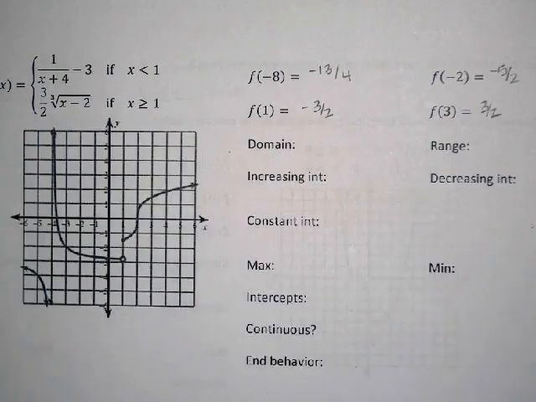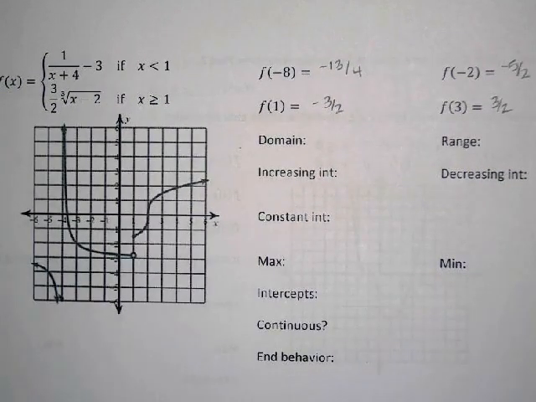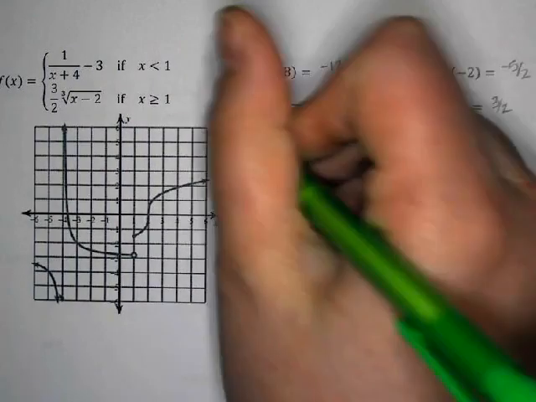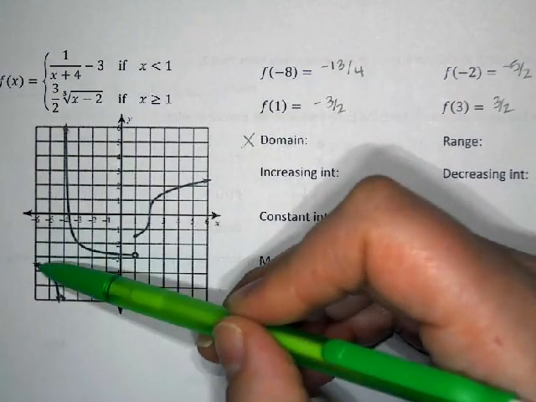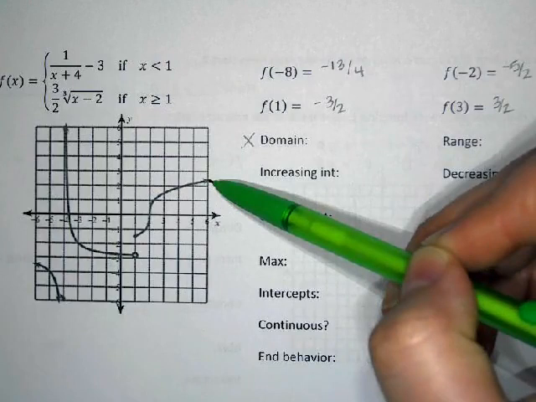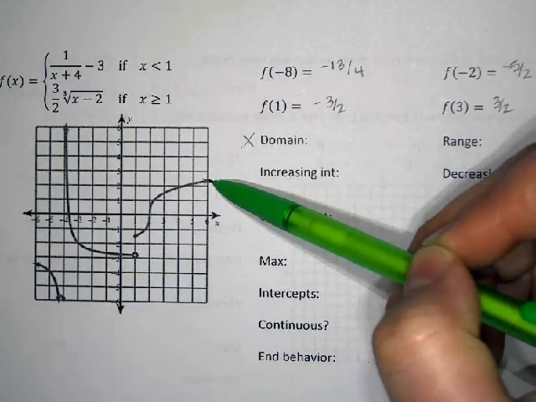Domain. So the domain is what? What do I have to think about when I look at the graph to find the domain? What does domain mean? The x's. I have to look at the x's. So I have to look at the picture from the left to the right. On the far left, I see an arrow. On the far right, I see an arrow. So now I have to think about, are there x values that are getting skipped?